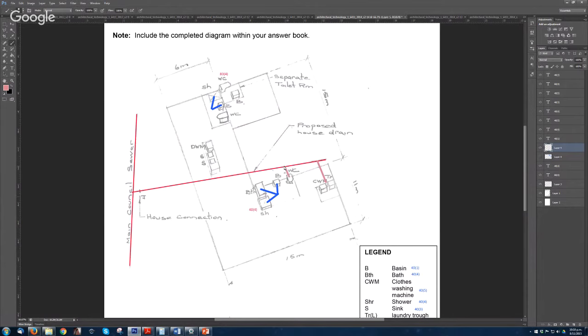WC directly here. Floor waste gully here. Then I'm going to take this WC, bring it here. This one connects to this one. Floor waste gully here, and this one directly here. You don't need a floor waste gully there because there's just one fixture.